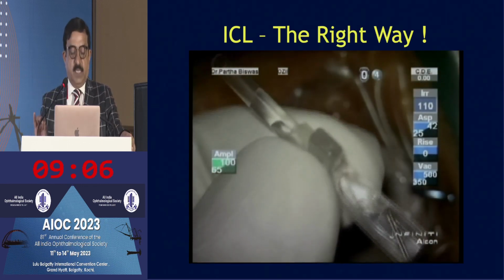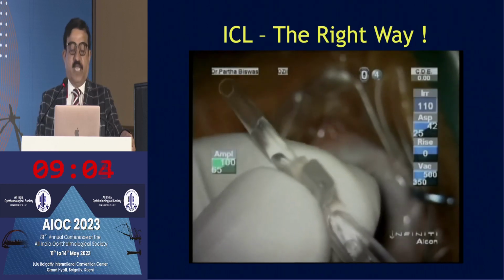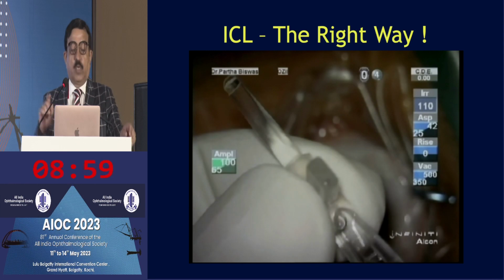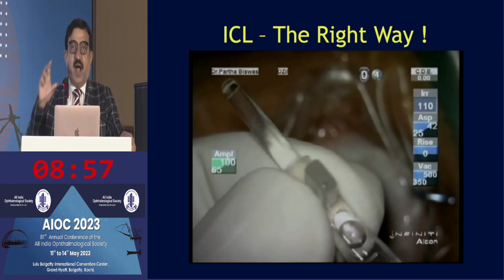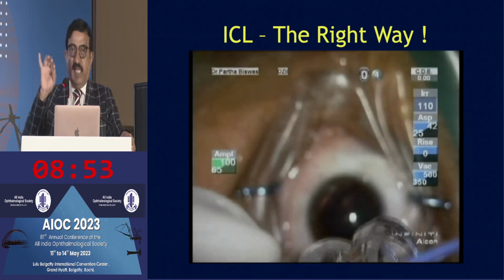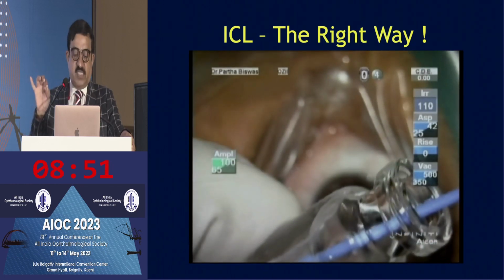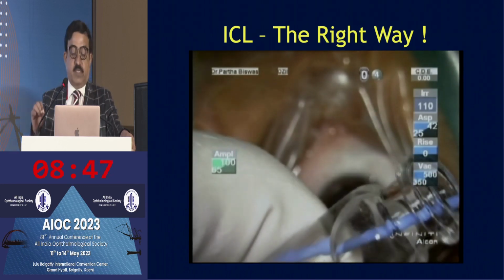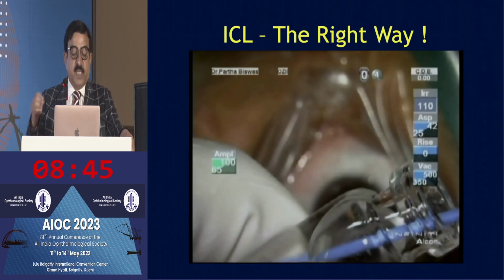No peribulbar anesthesia. The loading of the haptic of the ICL is most important, and the loading has to be done in the cartridge, half filled with methylcellulose as viscoelastic, taking off any bubbles in the cartridge itself, because bubbles can go into the anterior chamber and occlude the view.